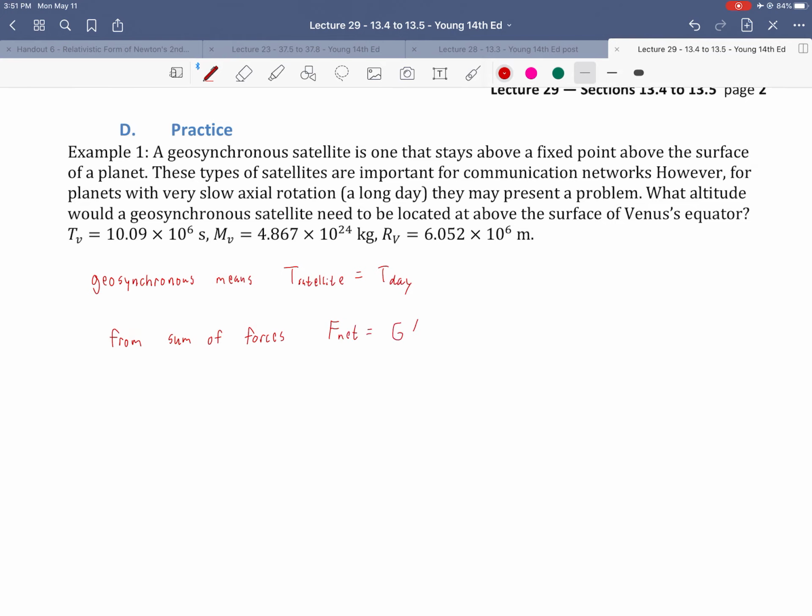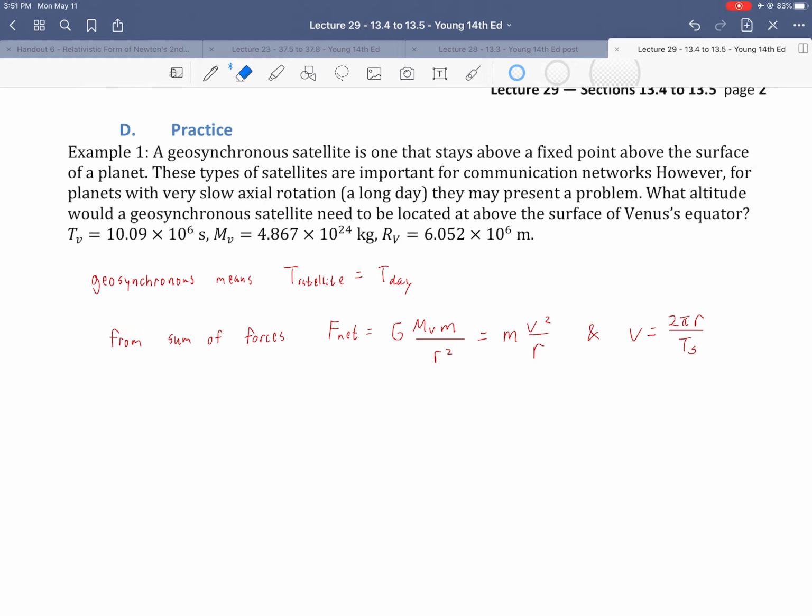So G M m over R squared equals m v squared over R, and v equals 2 pi R over T_S, for satellite.